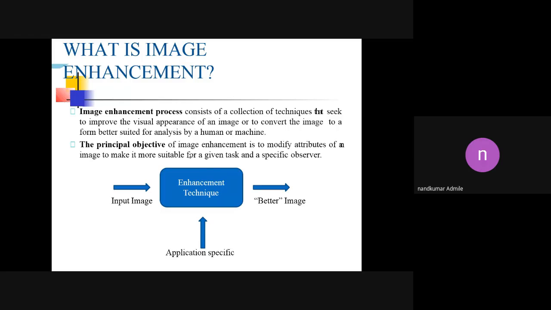Basically, what do we need for an image enhancement technique? In order to enhance the quality of an input image, first we require the input image. Suppose we take the example of an amplifier circuit.